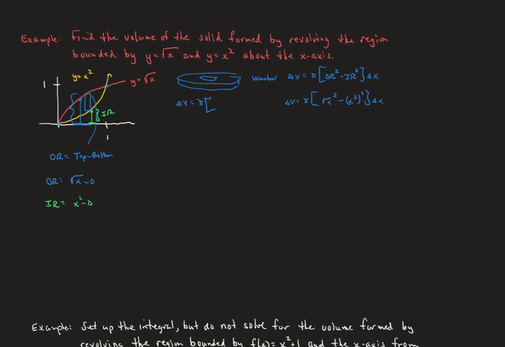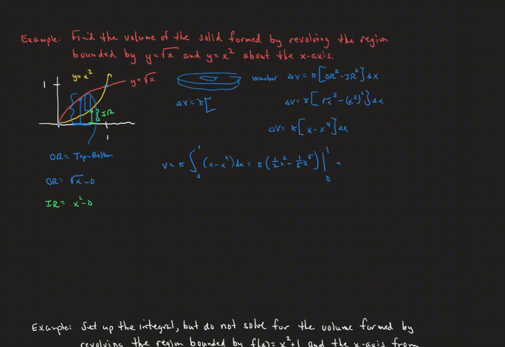So our delta volume is going to be pi times, and the square root of x squared is x, and minus the x squared squared is x to the fourth, and then that's times the delta x. So our volume is going to be pi, integrating from 0 to 1, of x minus x to the fourth dx. So that's pi times the integral of x, which is 1/2 x squared, minus 1/5 x to the fifth, and fortunately we're just going from 0 to 1.